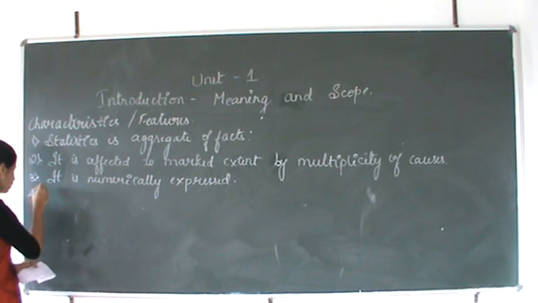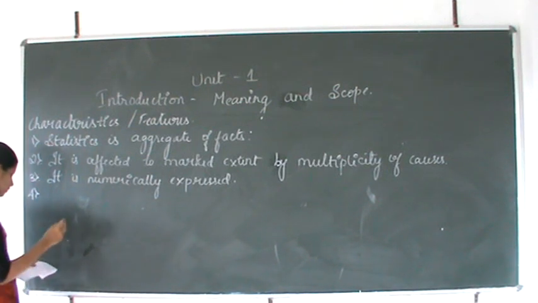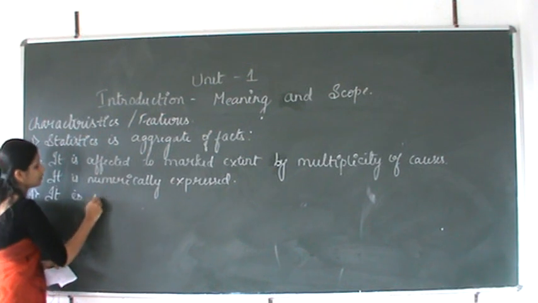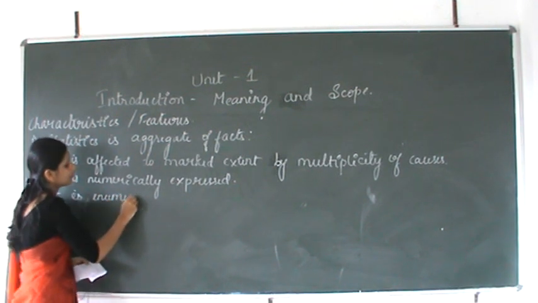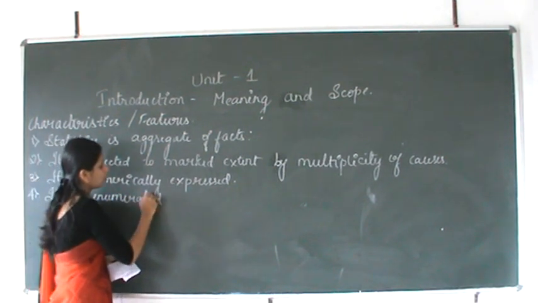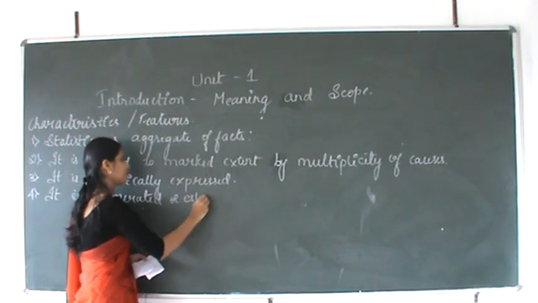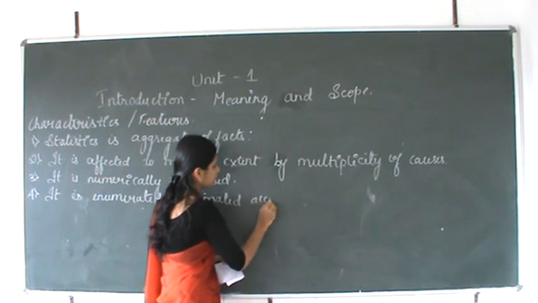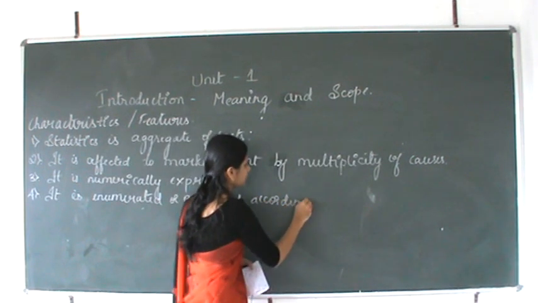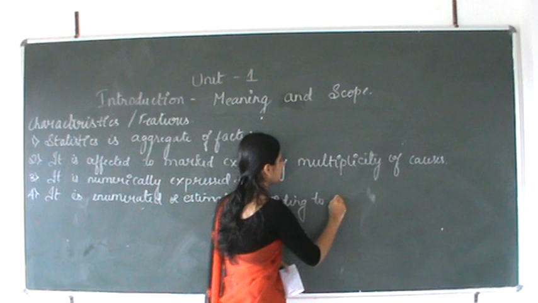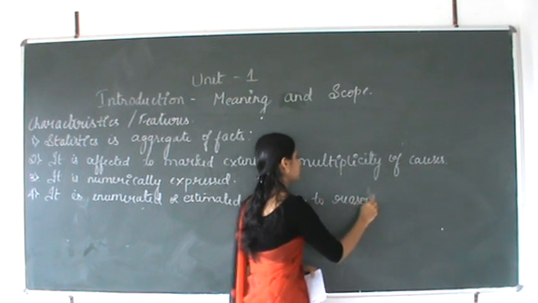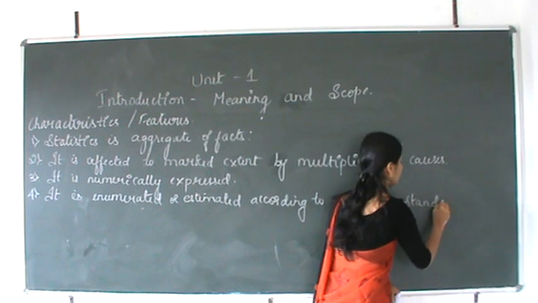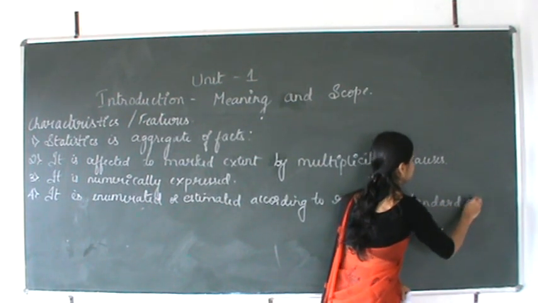Then the fourth characteristic is that it is enumerated or estimated according to a reasonable standard of accuracy.